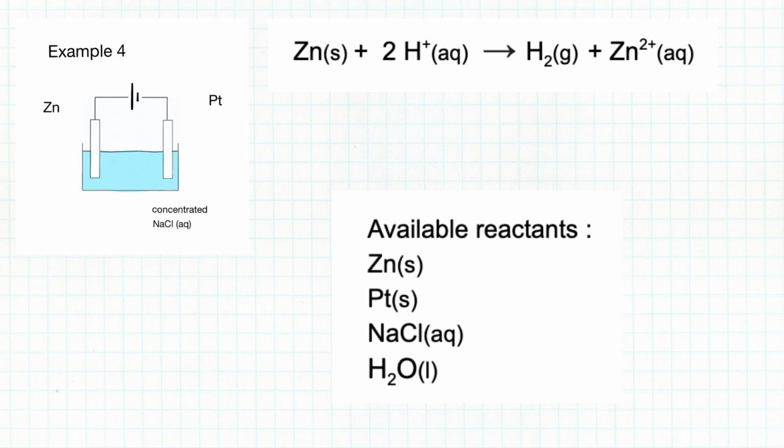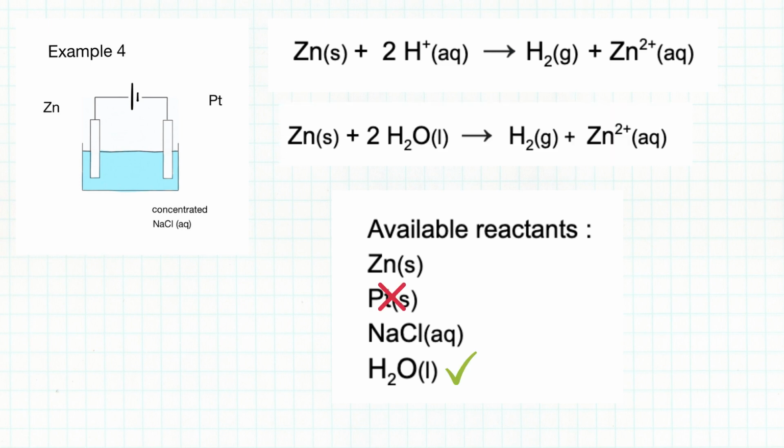Example 4. The reactants available are platinum electrode, zinc electrode, sodium chloride, and water. Equation is Zn + 2H+ yields H2 gas and Zn2+. The ion H+ is replaced with H2O.